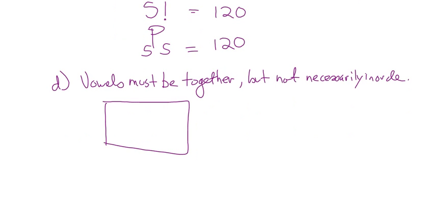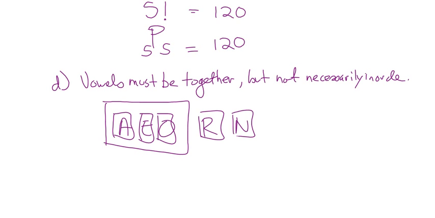Okay? So if the vowels have to be together, but they don't necessarily have to be in order, then I'm just going to put down a super box with the vowels in it, right? And then I'm going to put down the rest of the letters. So how many objects do I have that I'm going to be arranging?